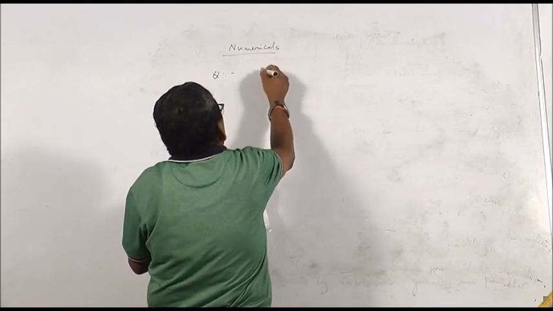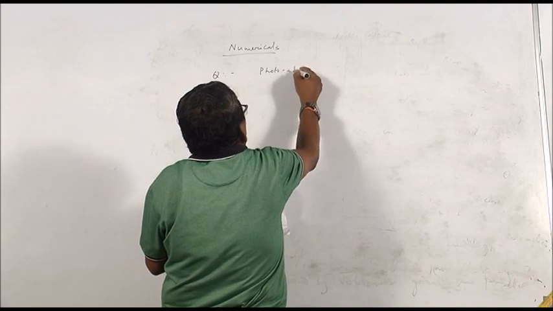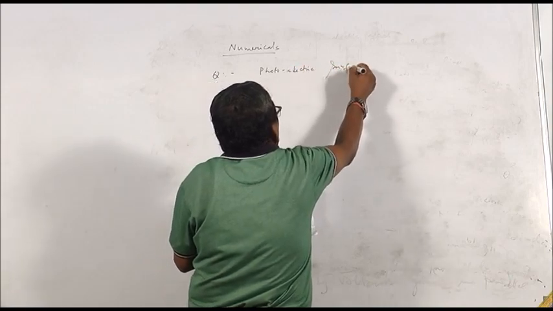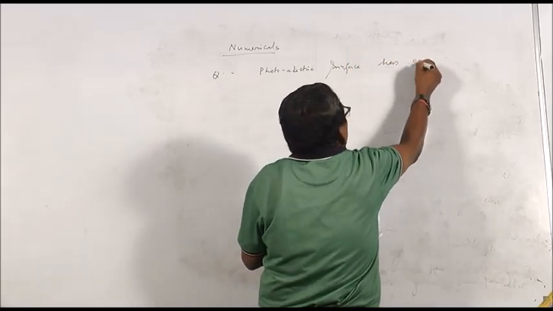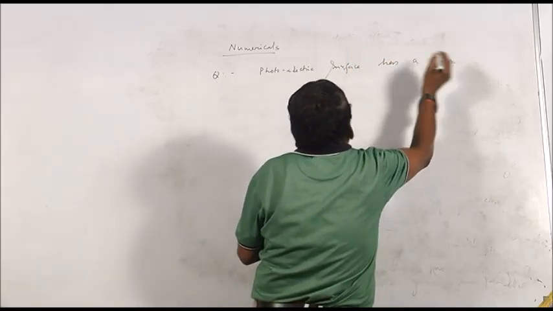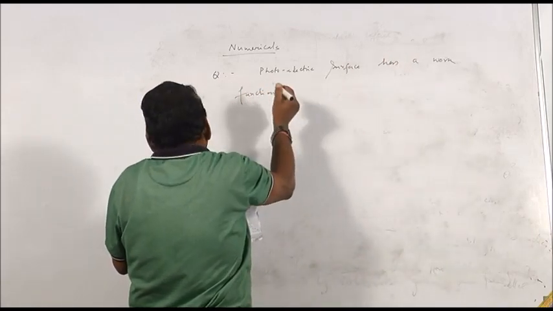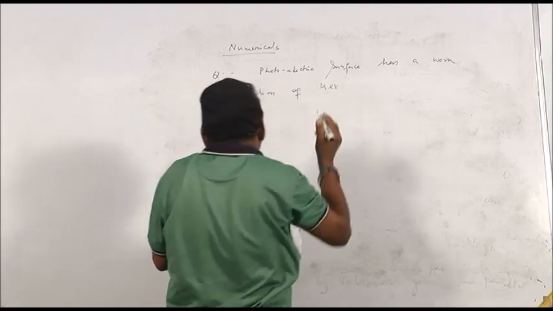Question: a photoelectric surface has a work function of 4 electron volt.